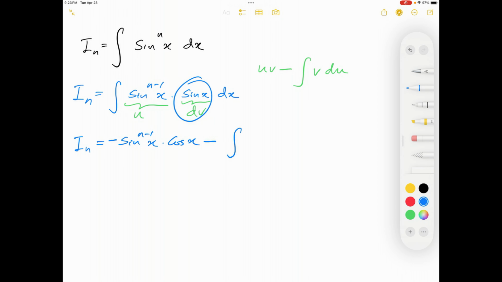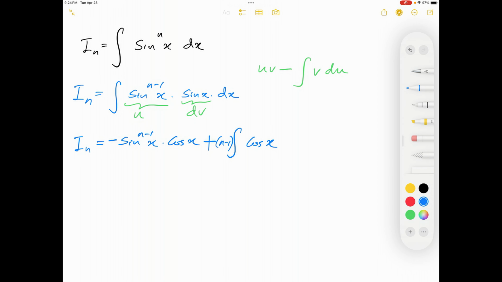Minus integral v. Once again, dv is equal to sine x. To obtain v, I need to integrate sine x, which is negative cosine x. Because of this negative symbol, everything outside will become positive, and there will be a cosine x inside the integral. And that times du. We know u is equal to sine n minus first power x. To obtain du, I need to differentiate that term.